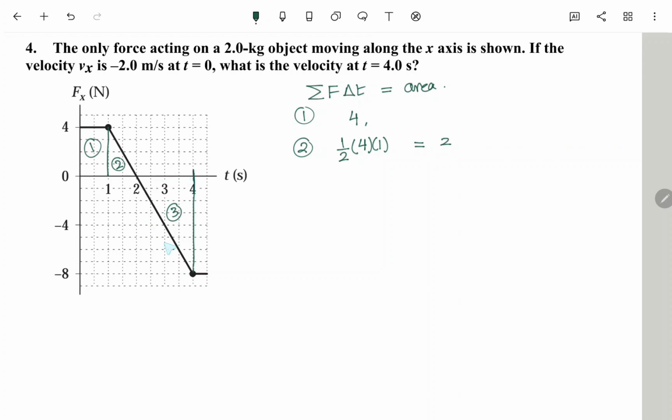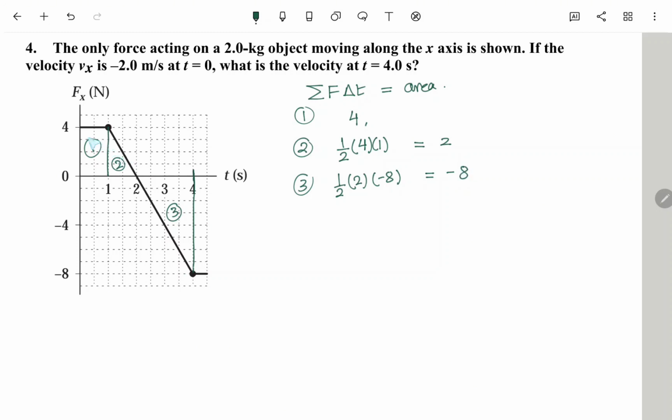Now the third part, this one here, is another triangle, and the area for this triangle is equal to half the base, which for this one is 2, times the height, which is minus 8. After all, it will be equal to minus 8.